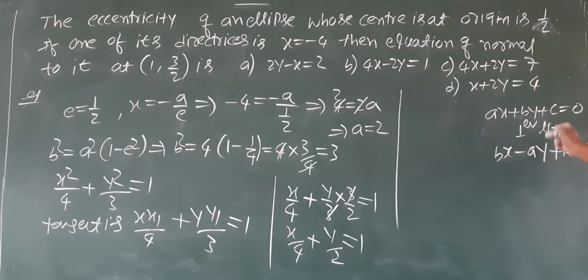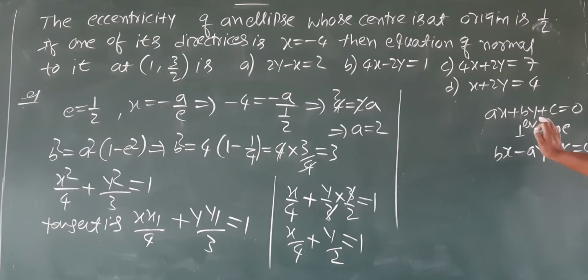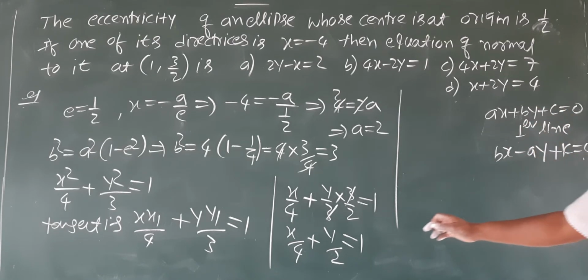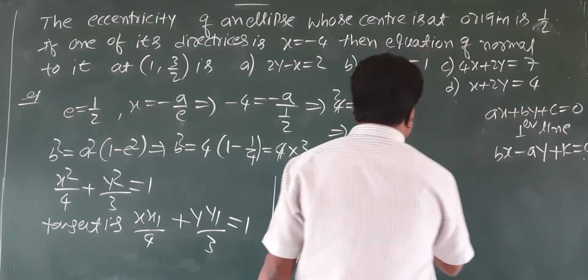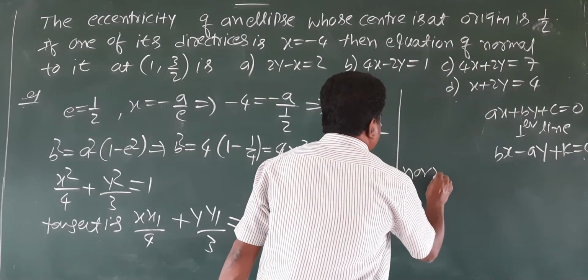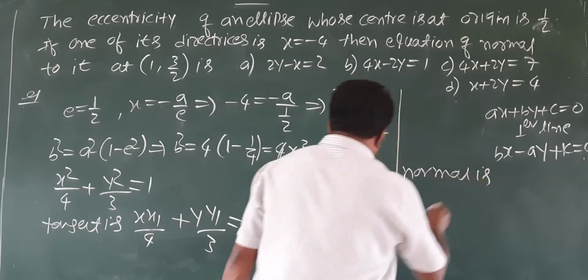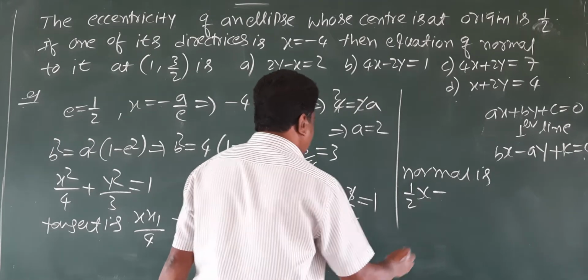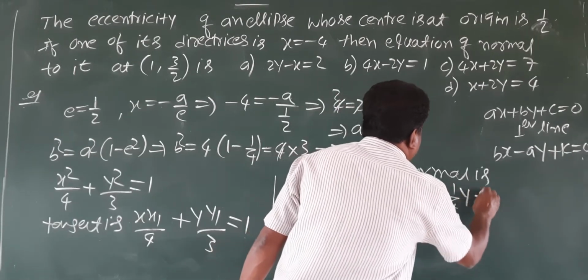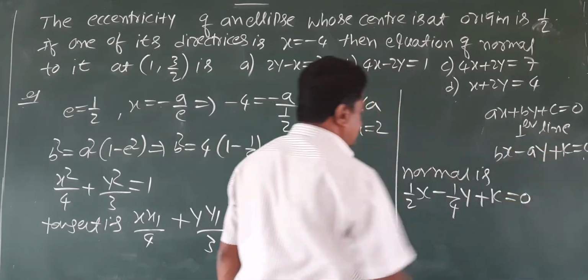Because the product of the slopes becomes minus 1. You check that. So you apply this rule for that. Normal is, interchange: 1 by 2 x minus 1 by 4 y plus k is equal to 0.